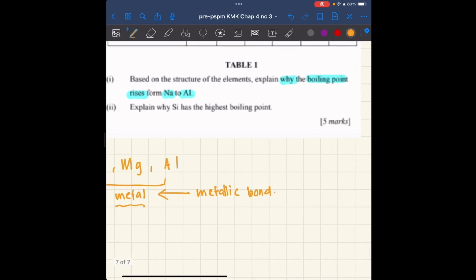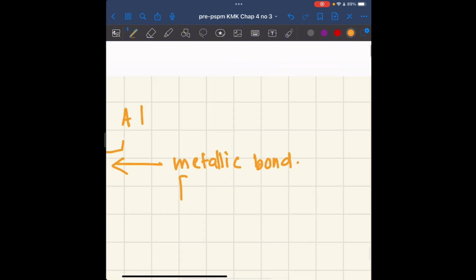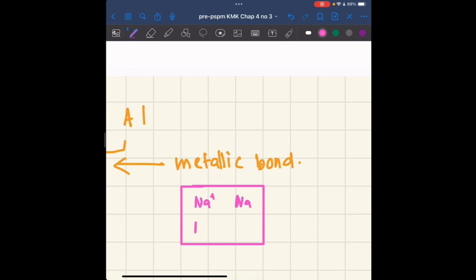So when they can form a metallic bond, what is a metallic bond? Metallic bond is an electrostatic force between positive metal ions and sea of delocalised valence electrons. So we can draw like this. For example, you have sodium. Sodium is Na plus. And then right here, Na plus, Na plus, Na plus.